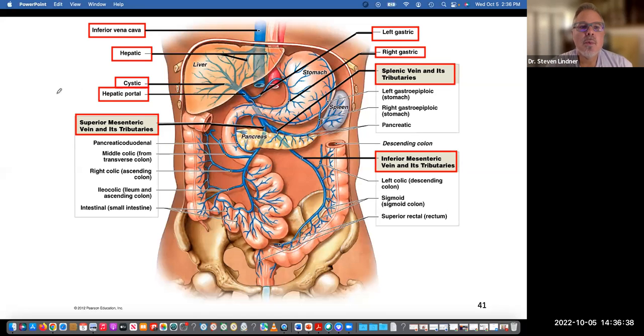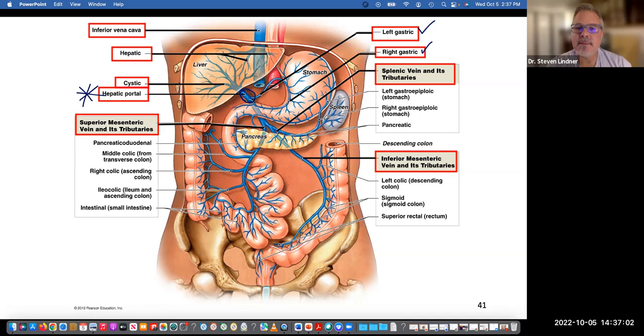So here's the key. Let me put a star next to it. There's the hepatic portal vein. It's right here. And you see that there's a lot of tributaries to that, right? We see the left gastric comes into that. We see the right gastric comes into that.